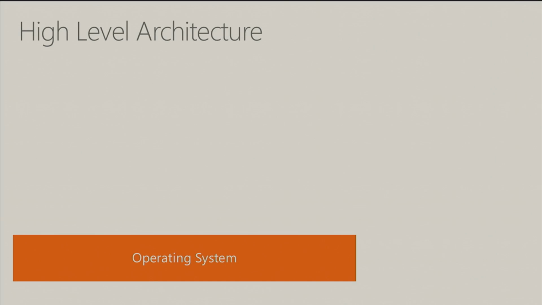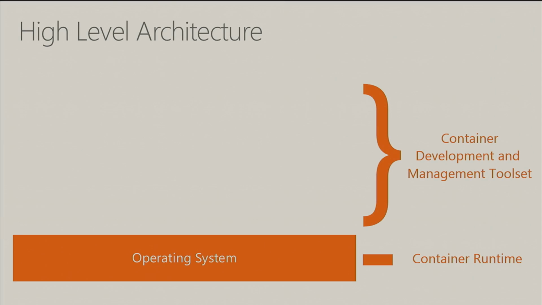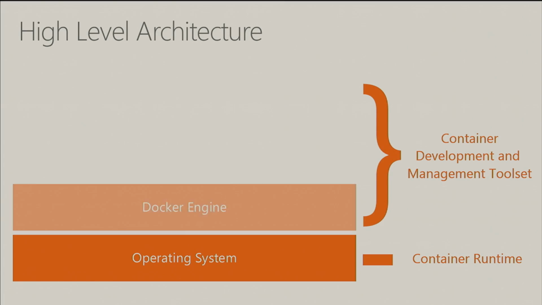So how do containers work? First and foremost, it's important to understand that containers themselves are an operating system construct. They live in the operating system. This is true in Linux, this is true in Windows, this is true in Solaris, this is true in all of the real container runtimes. The operating system is ultimately what the container runtime lives in. On top of that, we have tool sets. So this is where the Docker engine comes in.